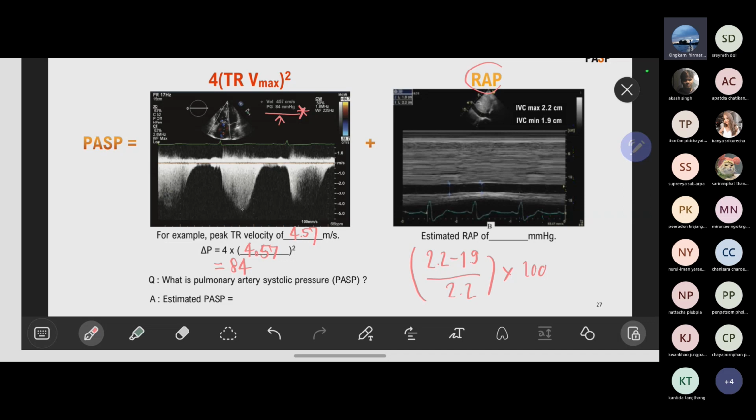So the IVC collapsibility is less than 50%.